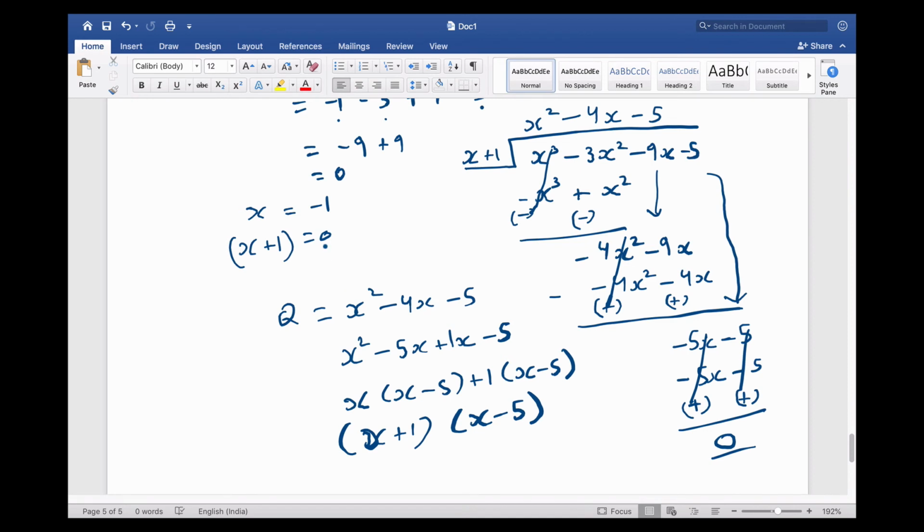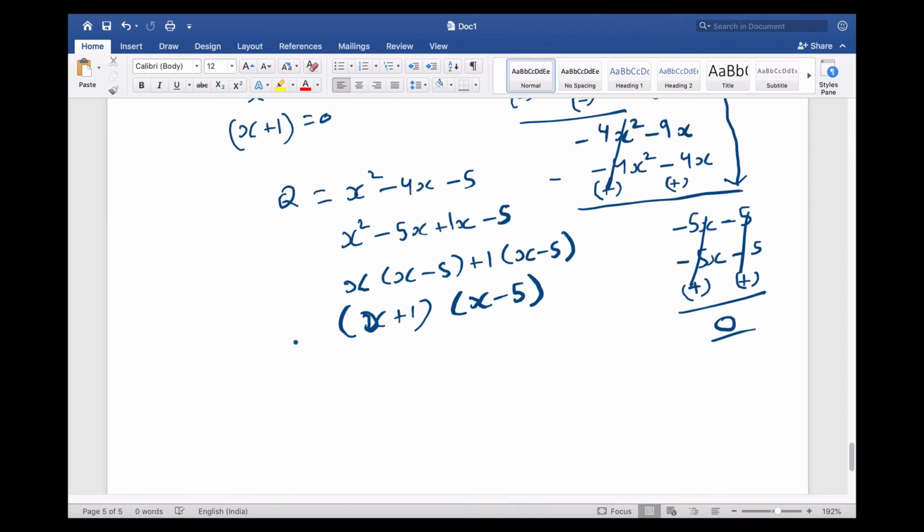And one of the factors we had earlier found out to be x plus 1 as well. So we will write factors as x plus 1 into x plus 1 into x minus 5.